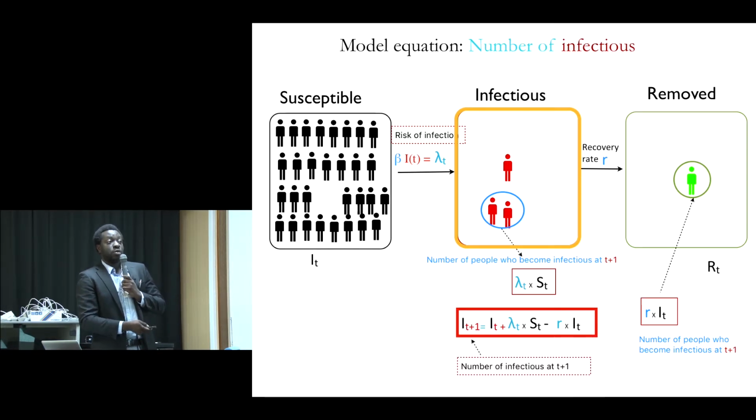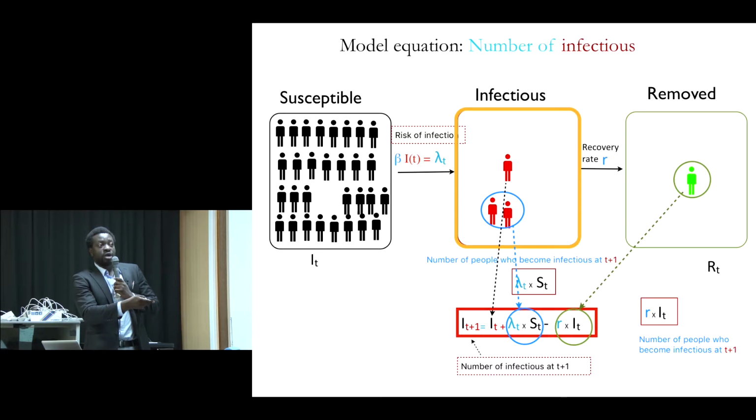So to predict the number of infectious, we just need to know the number of people who are there at time t, plus the newly arrived, those who came into this box, minus those who recovered. So these equations help us to predict the number of infectious people here.